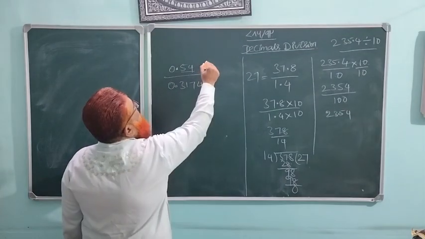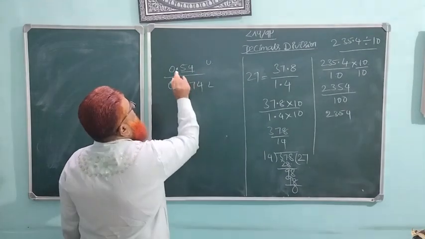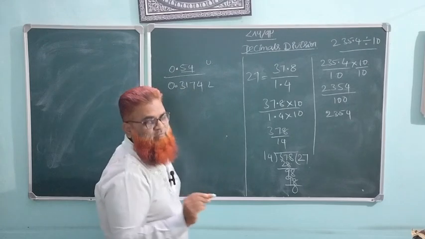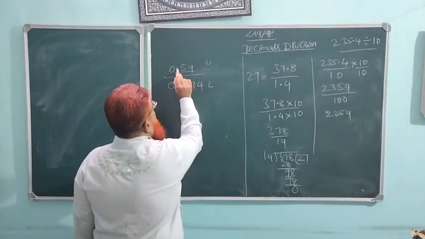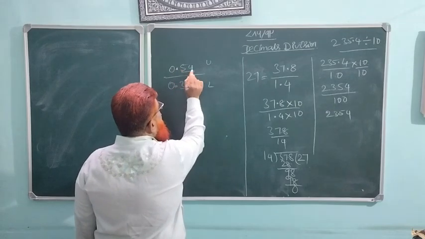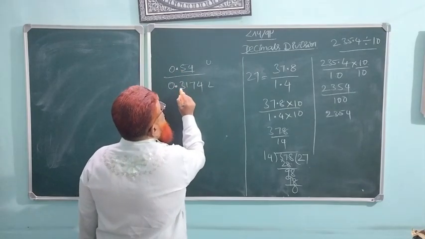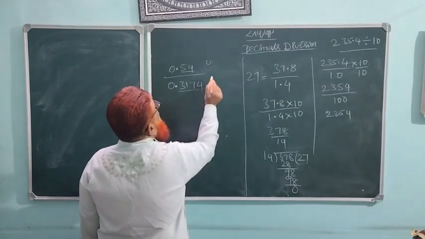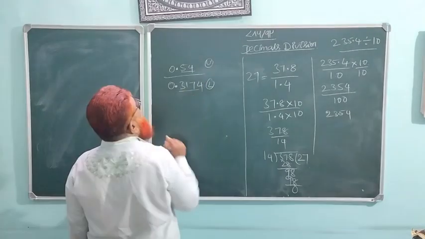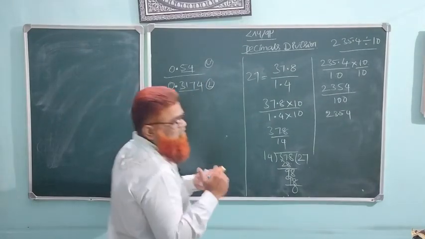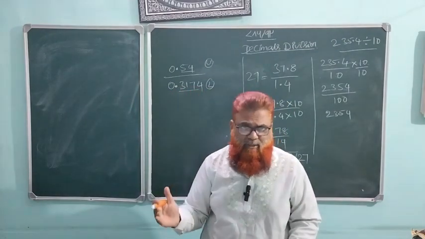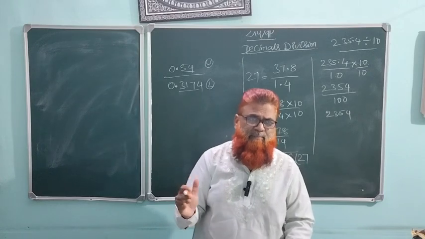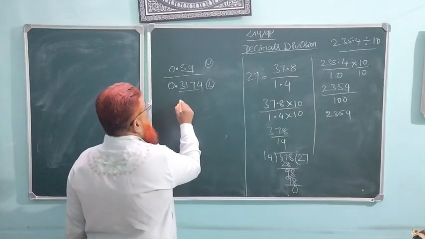Here this is the upper part and this is the lower part of the decimal, 0.54. So here after the decimal 2 digits, here after the decimal 4 digits. In order to balance and completely remove the decimal from the upper and the lower part of the sum, what should I do?